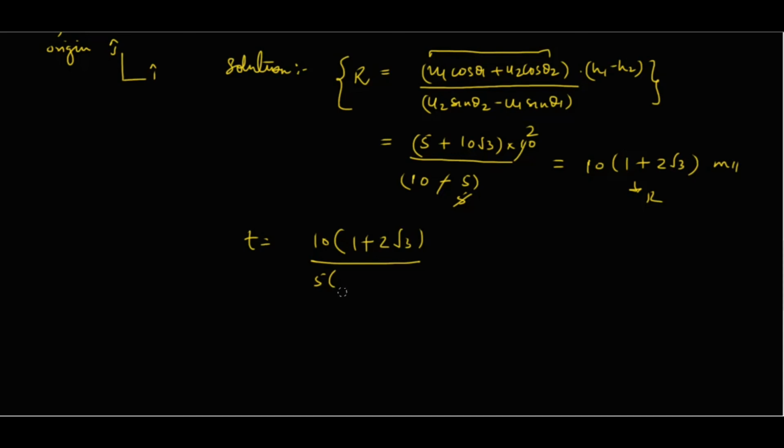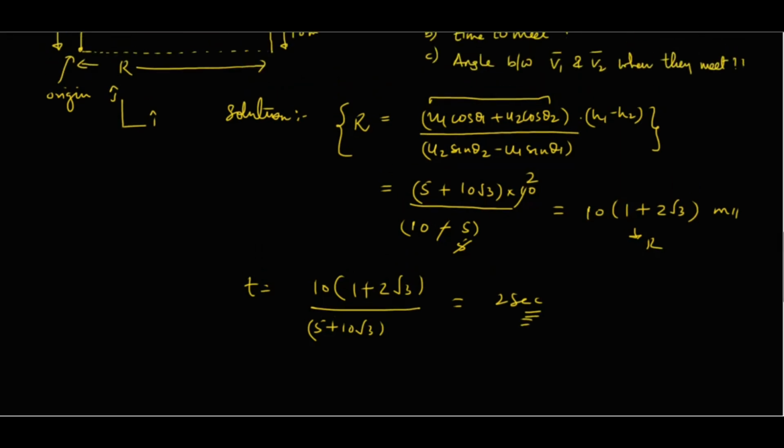And this is going to give me 2 seconds. So R is equal to 10 times (1 plus 2 root 3), and t is equal to 2 seconds.